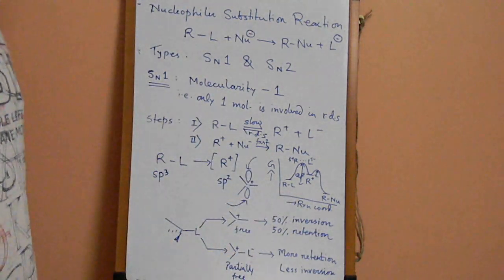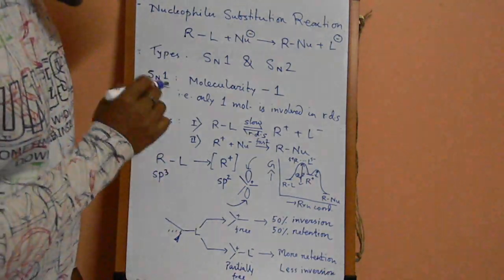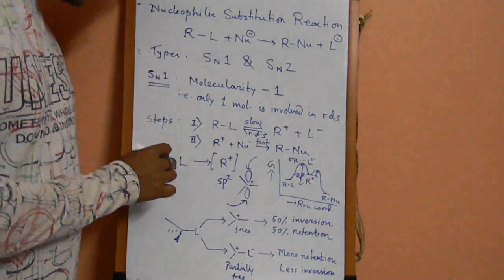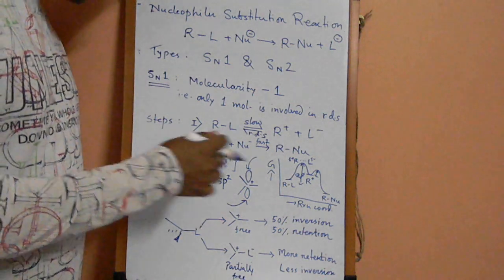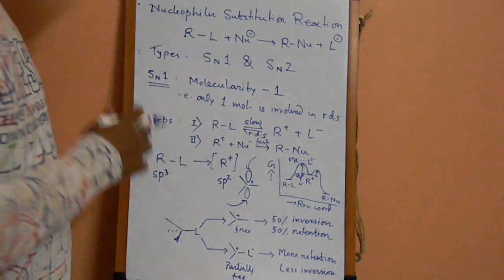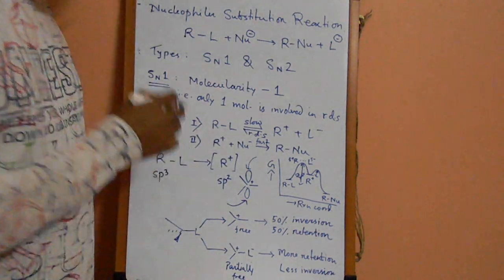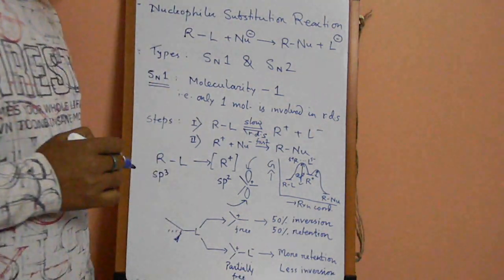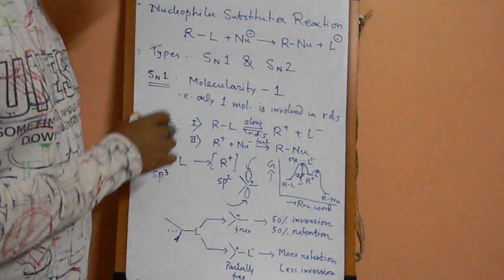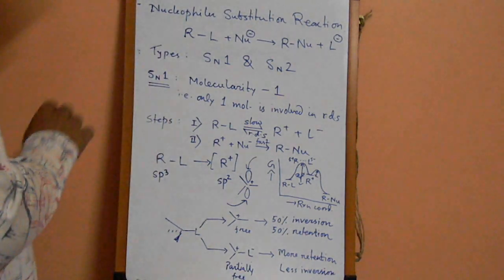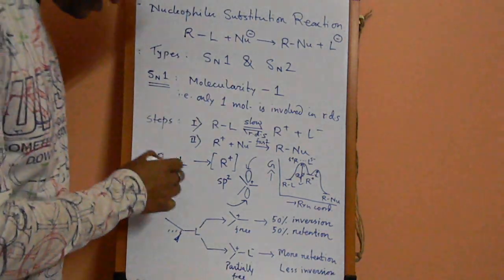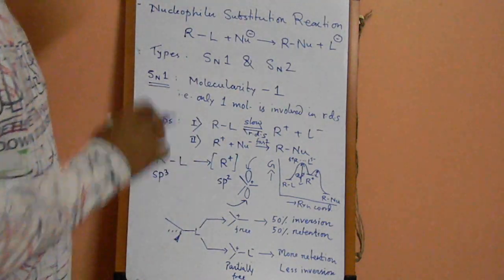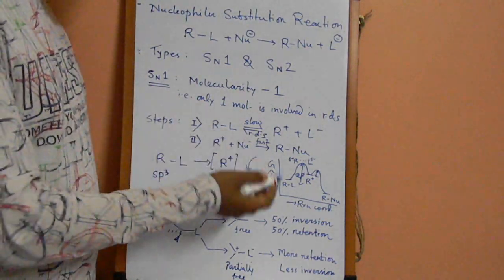What is retention? If the nucleophile just replaces the leaving group from the same direction, it is called retention of configuration at R, that is this carbon. If the nucleophile comes from just the opposite side of where L was in the initial substrate, then this will be called inversion.